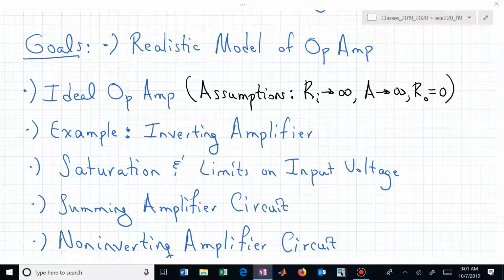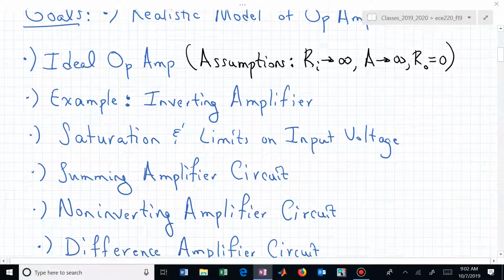We'll give some assumptions. We'll say the input resistance goes to infinity, the gain A goes to infinity, and the output impedance is 0. That gives us an ideal op amp model to play with.